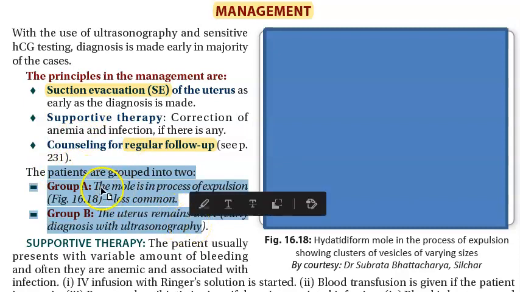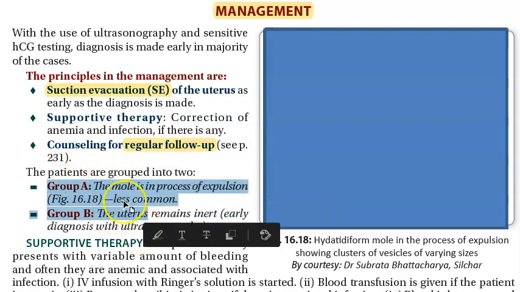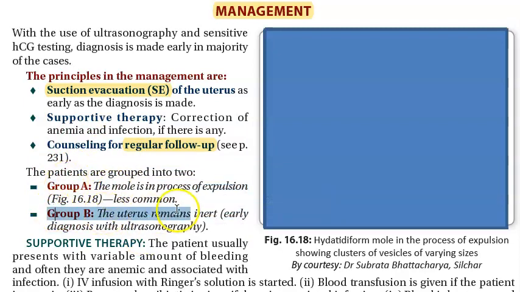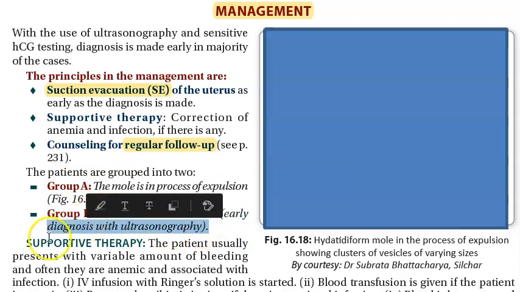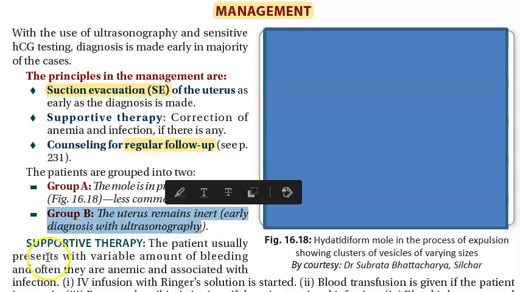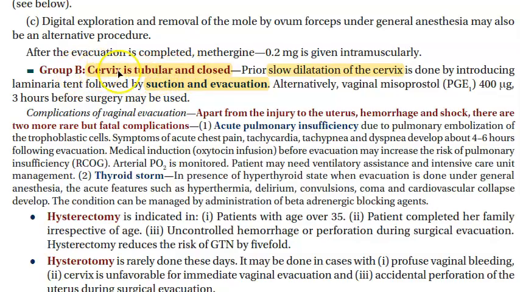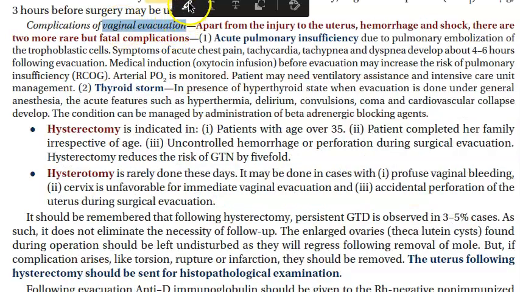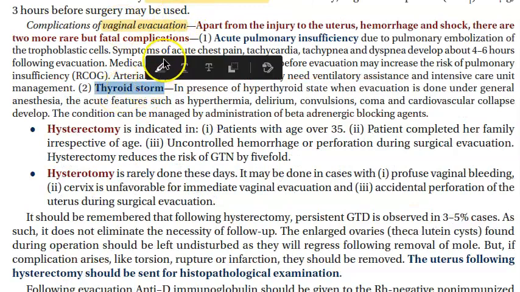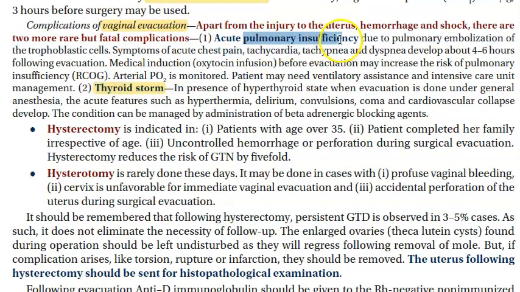Basically, they're also grouping these patients into two groups, Group A and Group B, where in B the uterus remains inert. The cervix is tubular or closed, so they'll have to dilate the cervix and then follow it up with suction and evacuation. And when you're doing the suction evacuation, remember the patient can go into pulmonary insufficiency because of a pulmonary embolism.